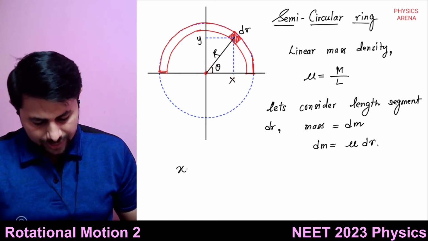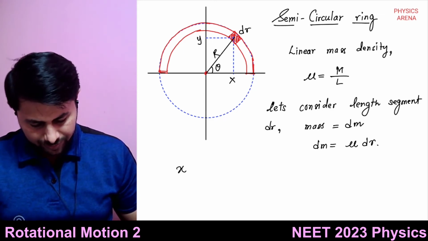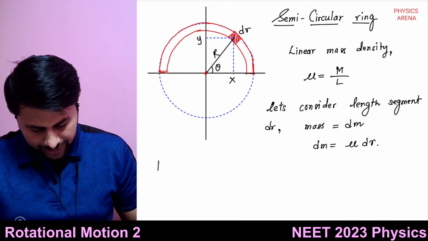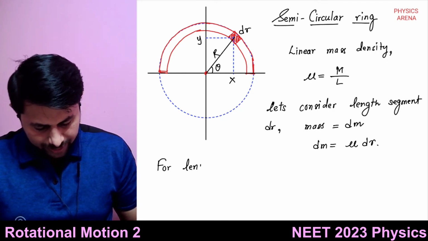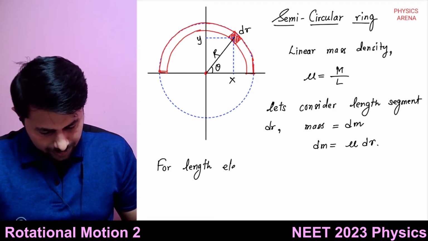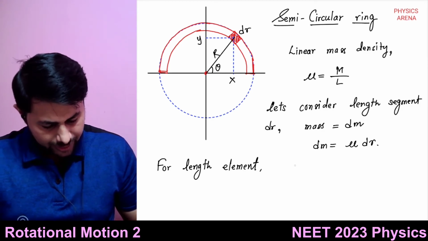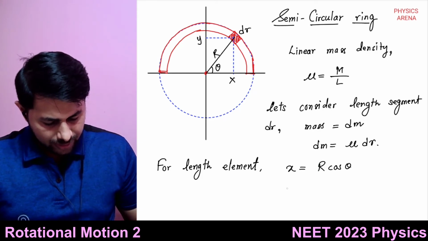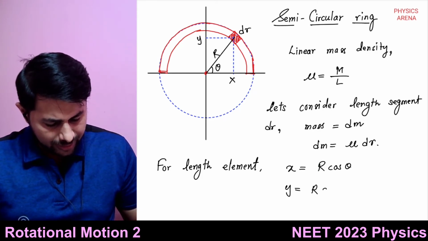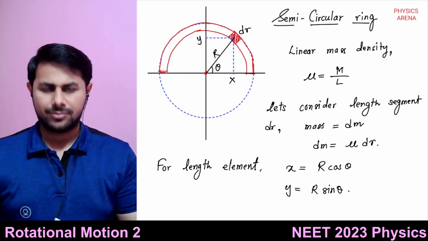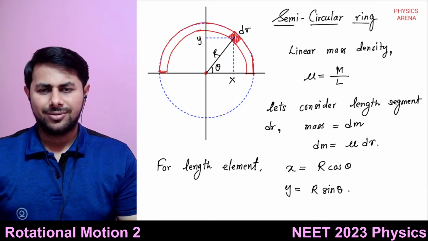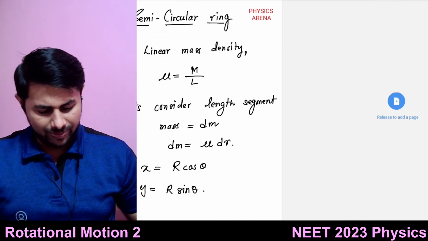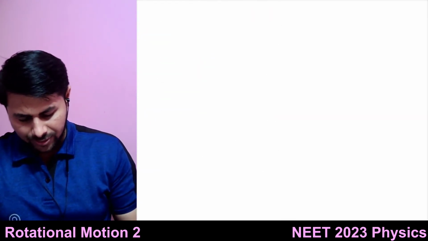So for the length element, x is equal to r cos theta and y is equal to r sin theta.